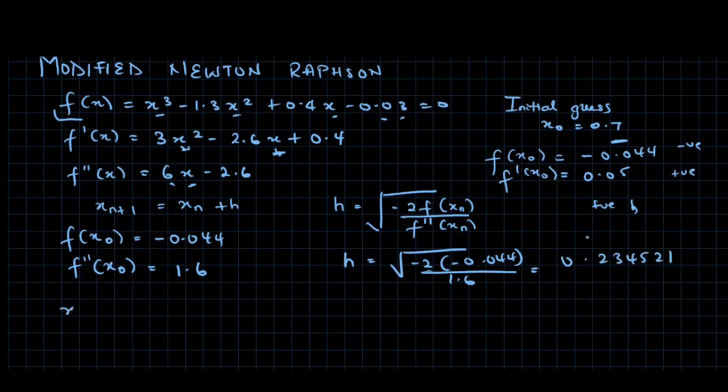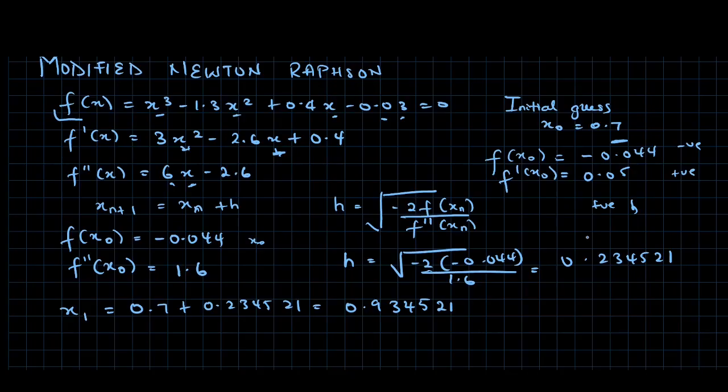Now put this into the equation. x1 equals x naught plus h, because n equals 0 in this case. So 0.7 plus 0.234521 is going to equal 0.93451. So that's going to be our x1.